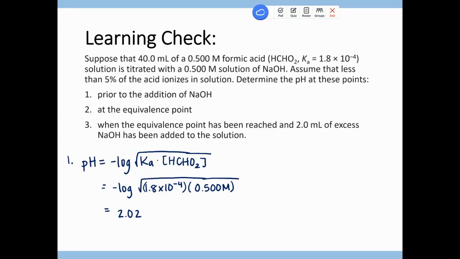And then as this solution is titrated with base, the pH will start to increase. So for 2 and 3, we'll have different equations to find the pH. And the pH should be higher than 2.02. Okay, so we'll finish this problem in class on Monday.